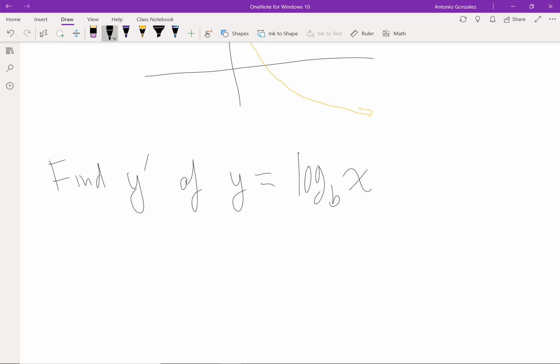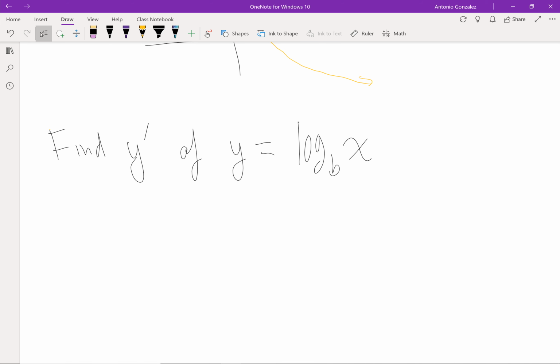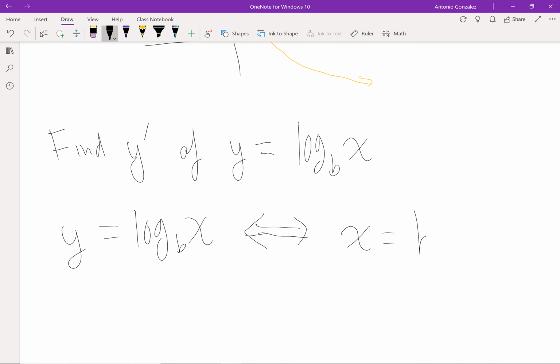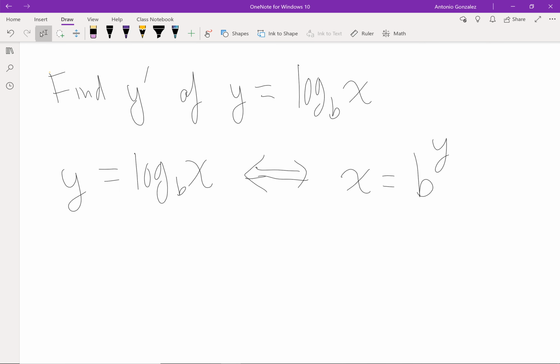Let's change it to something that I do know how to take the derivative of. This is true if and only if, with the inverse relationship, x equals b to the y.